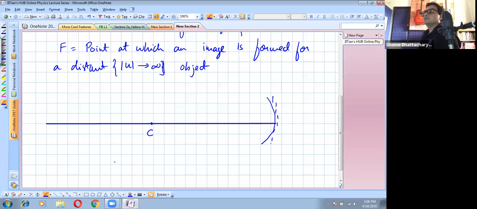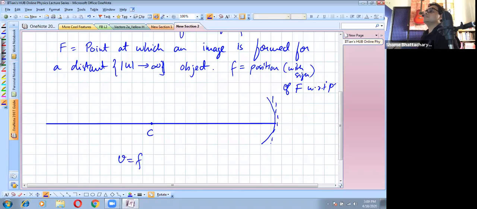So first of all, we understand that v becomes equal to the focal position, and further to that end, small f, which is the focal length, is nothing but the position, with sign, of course, with the algebraic sign, of the focal point with respect to the pole. Always everything is with respect to the pole. So in this diagram, as you can see, this is the virtual side. So the virtual side is in fact what we are taking as positive, and the real side is what we are taking as negative.